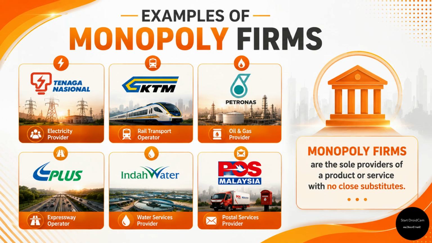The important idea is not simply the size of the company. The key idea is actually that a monopoly is associated with a sole or dominant provider of a product or service for which consumers have no close substitute. Now, let's identify the characteristics that give a monopoly its market power.